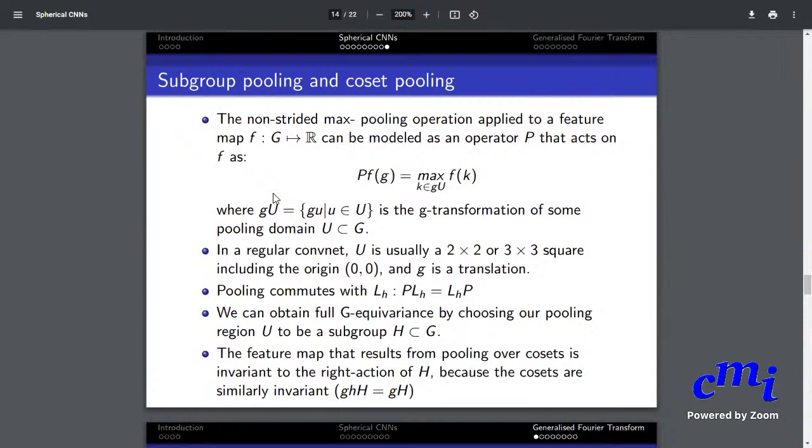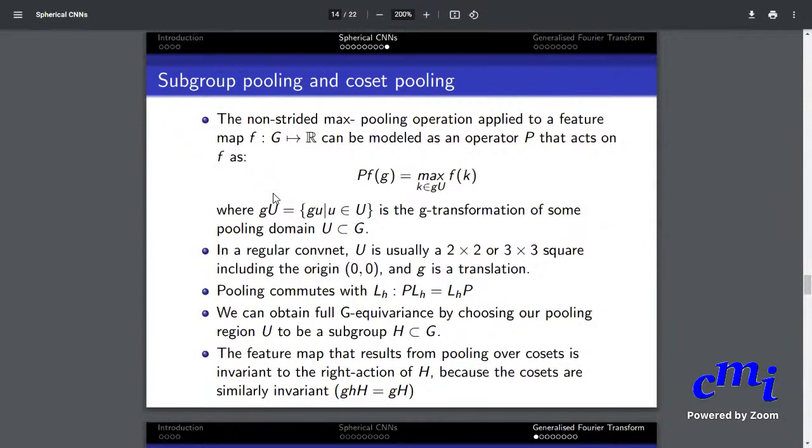No, that is fine. Some element g of G. Yeah. So you take some coset of U. First of all, it might be there somewhere that you have to take some subgroup of G, and then you define P of F. So this P is dependent on G, right?